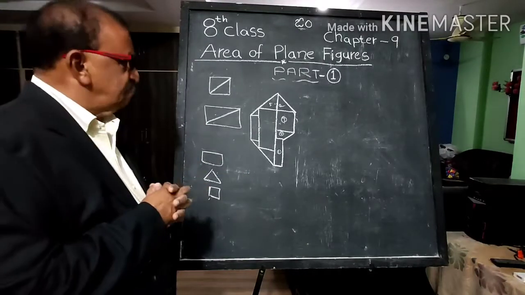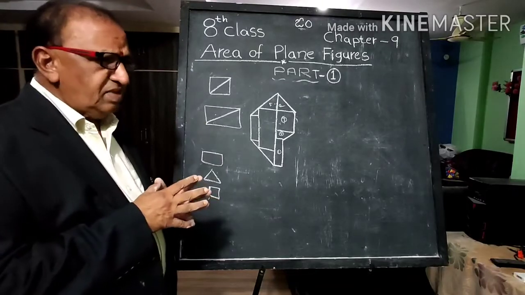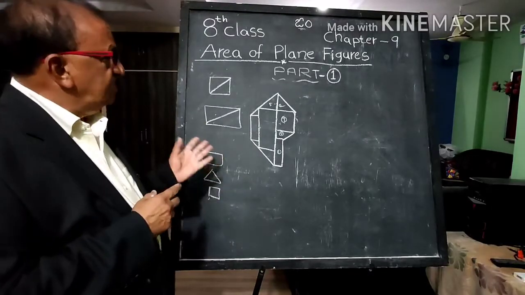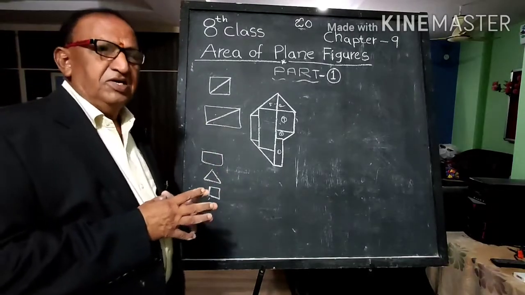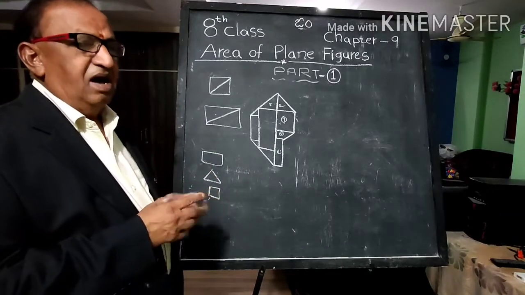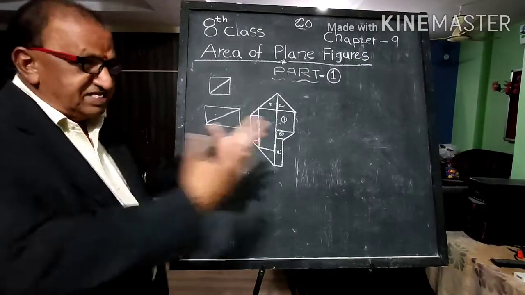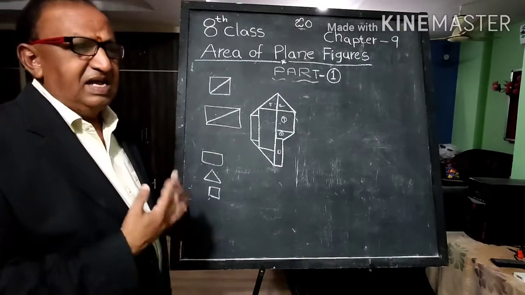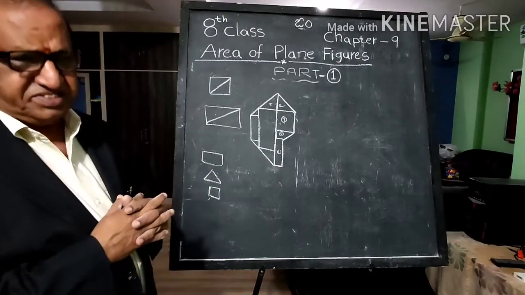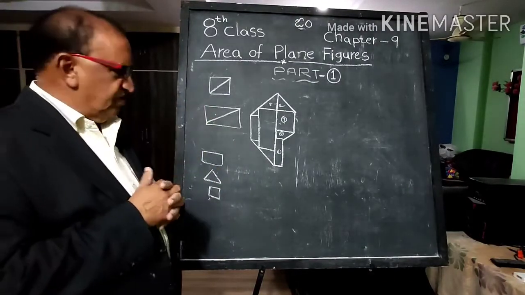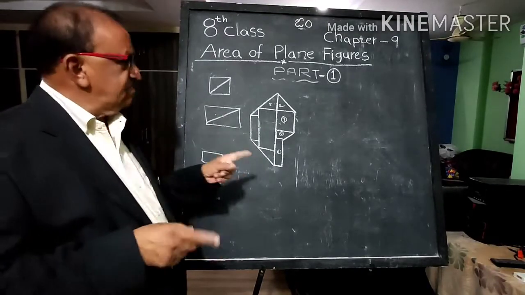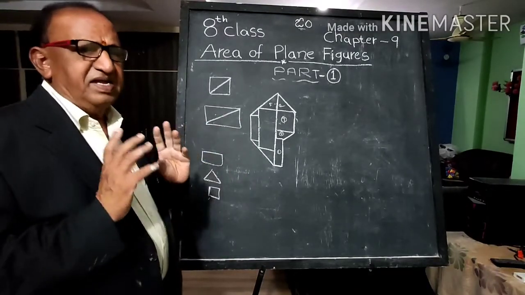You will love it. This chapter in mathematics, anything related to geometry is always fascinating because you can see the result, you can see the diagram and all that. Suppose you have an algebraic equation, that's a slightly different story. But here, practical geometry, plane geometry is very, very interesting.